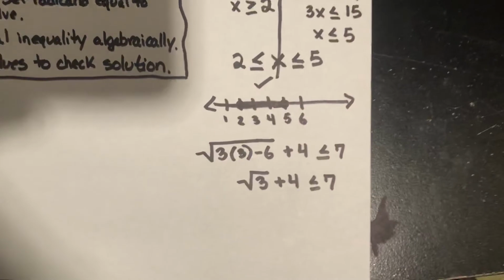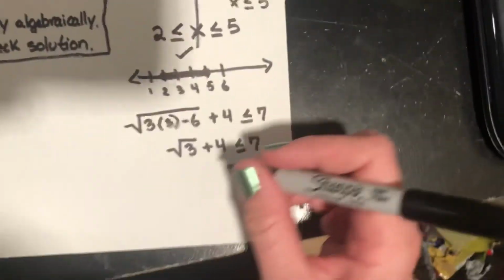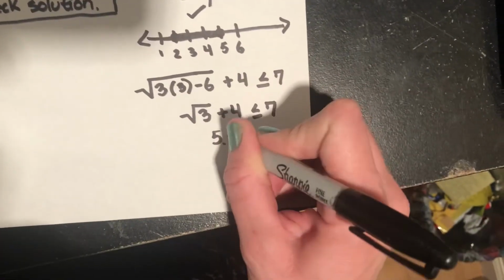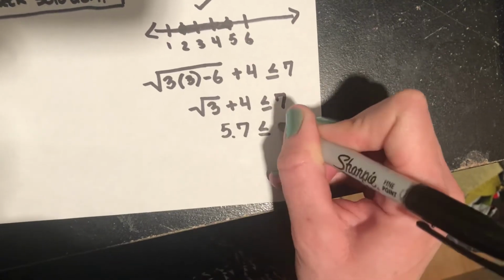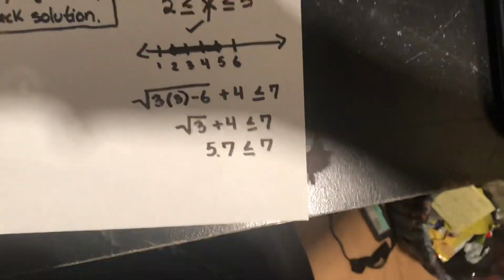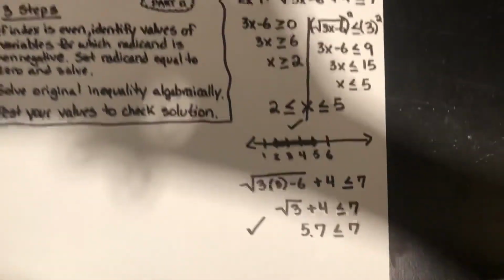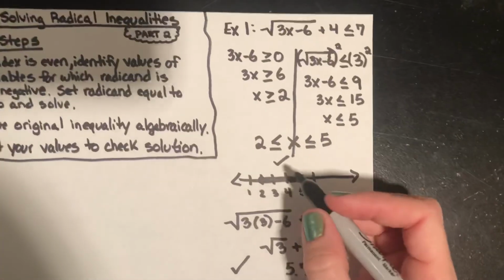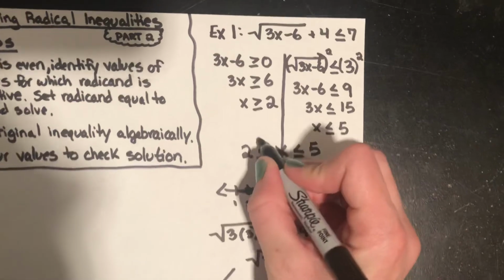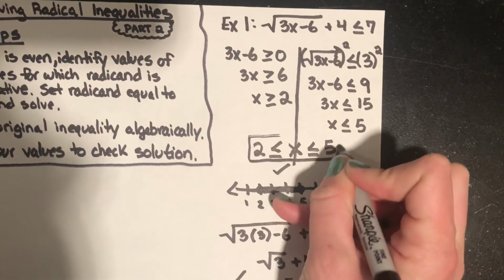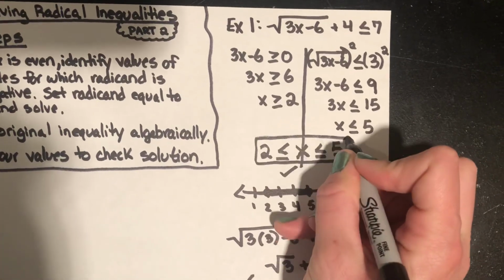If you do root 3 plus 4 in your calculator, you get about 5.7, and that is indeed less than or equal to 7. So this checks out. And our actual solution would be this right here.